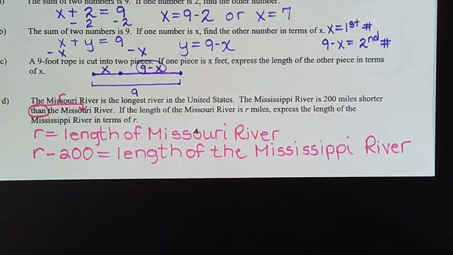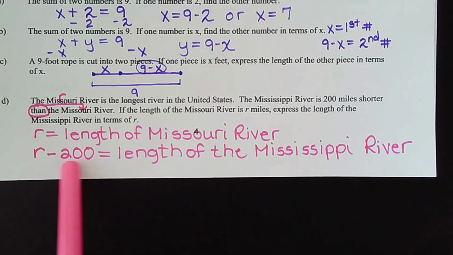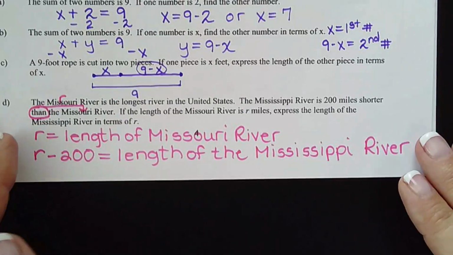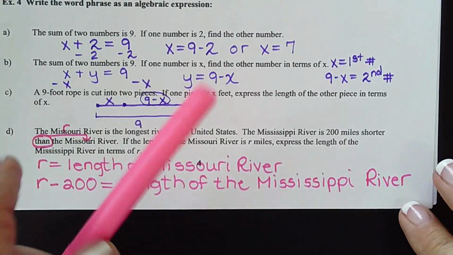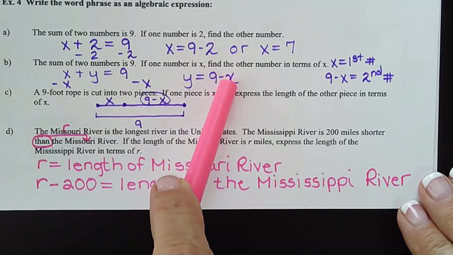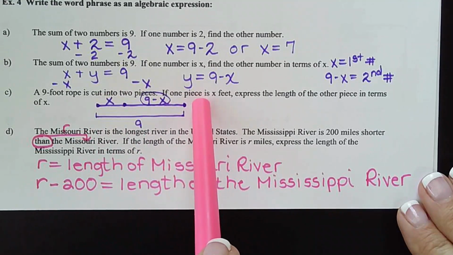So r minus 200 equals length of the Mississippi River. And it says express the length of the Mississippi River in terms of r. That we did. So you got to see both types of word problems there. When it's a total, one will be x, the other one's the total minus x.